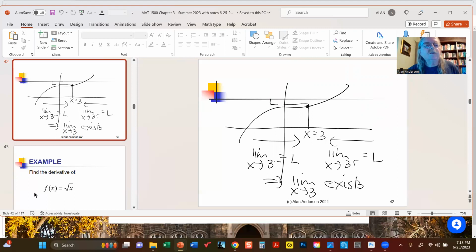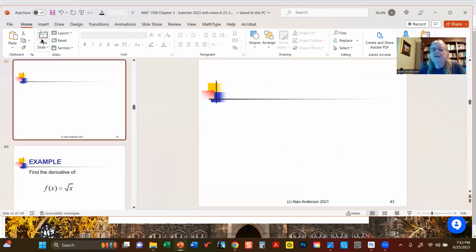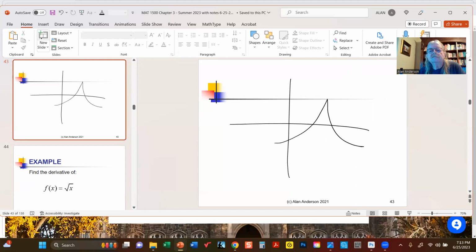But when you have one of these weird cases with a sharp point like that, that's what the rub is. The limit from the left is not going to be the same. Okay, they're approaching from different sides. The limits will not be equal to each other.